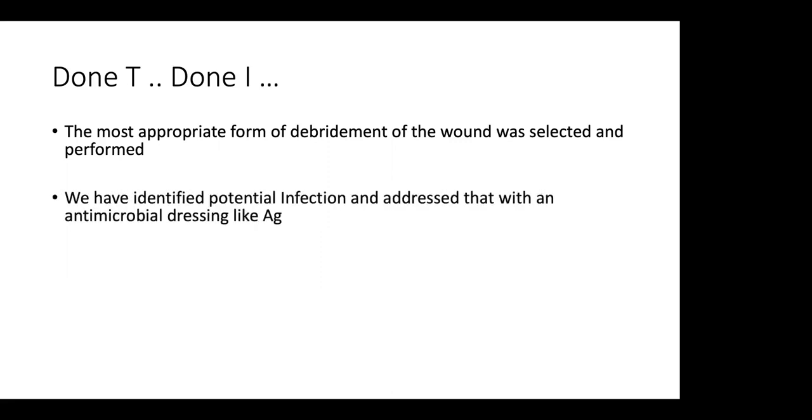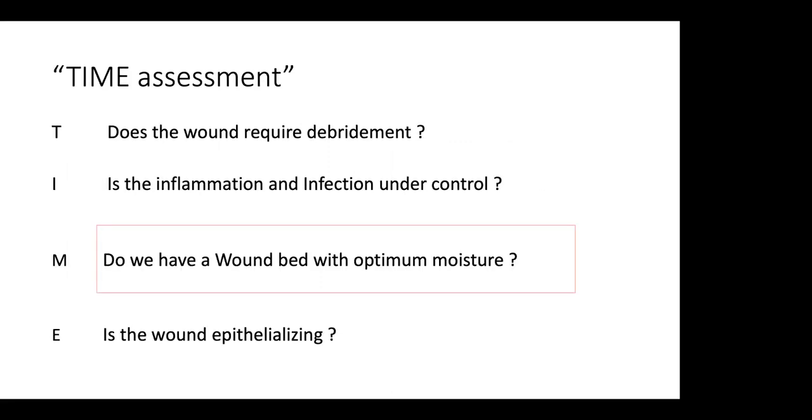So we have done the tissue component, done the infection component. So the next task is to make sure that we have the right moisture. How to make sure the wound has an optimum moisture is the next thing you want to do.